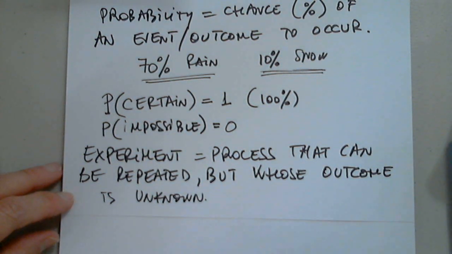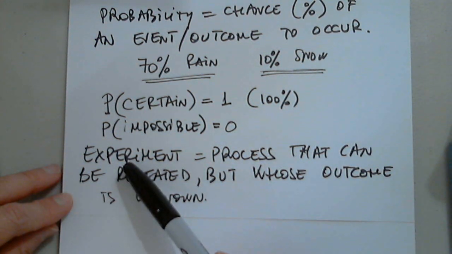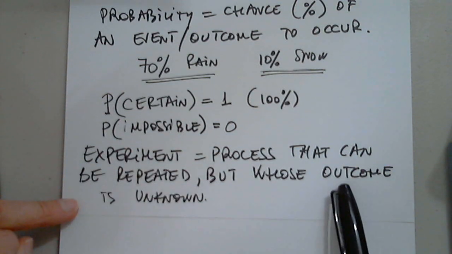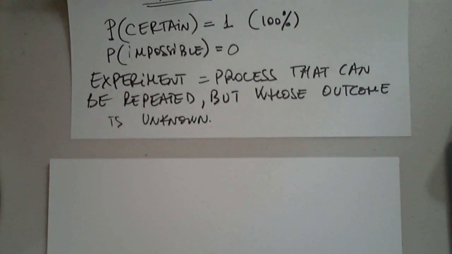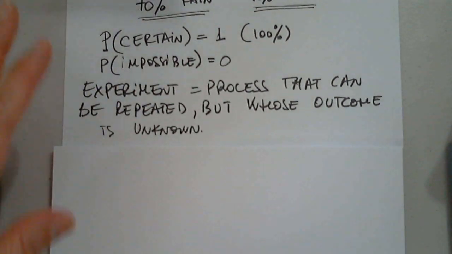If I flip a coin, that's an experiment. Do I know the outcome? I know the possibilities, but I don't know the outcome. If I get tails or heads, right?